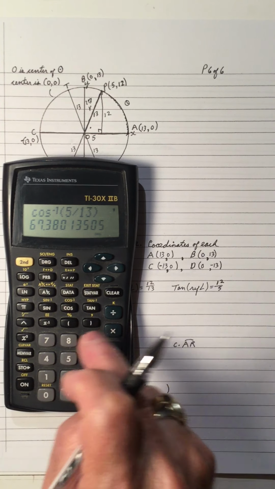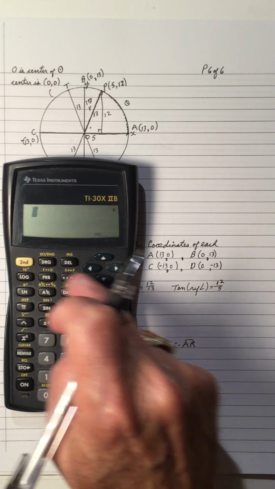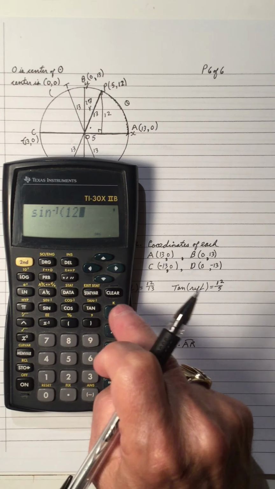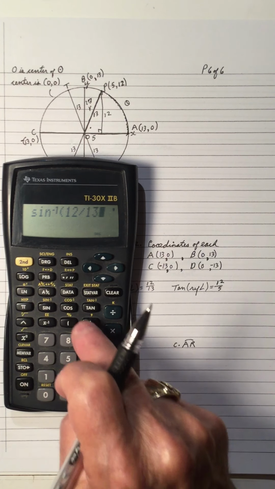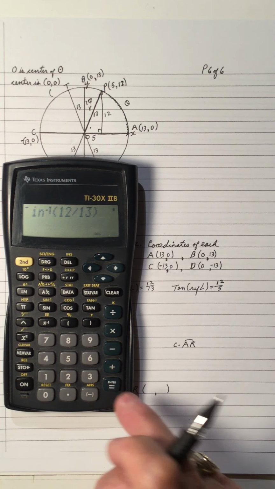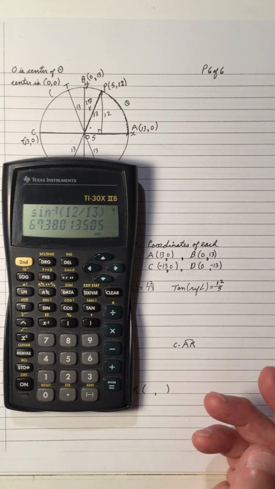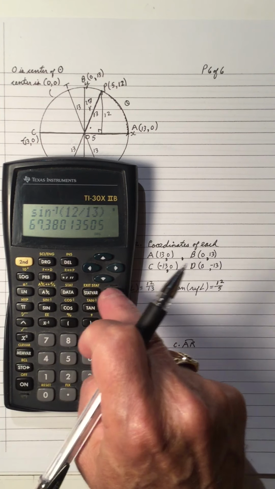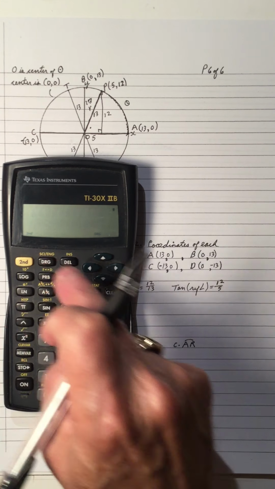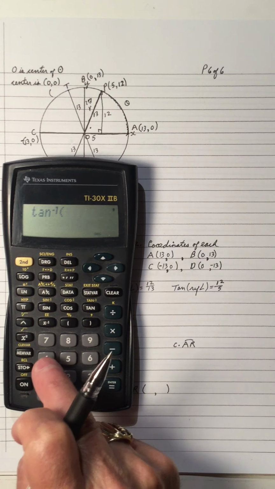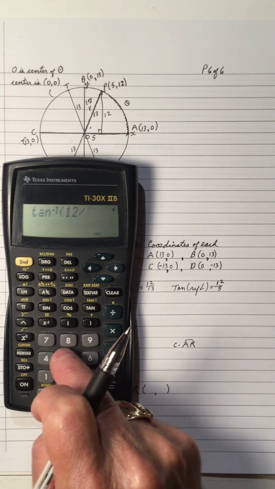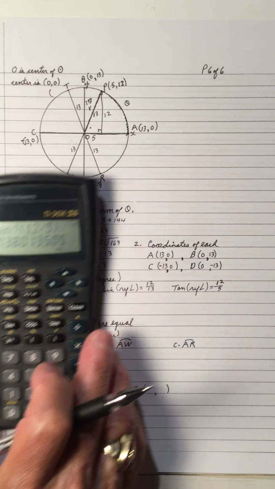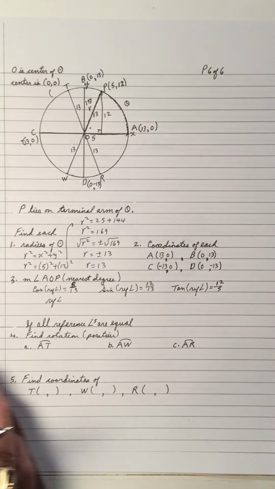So sine, clear, inverse sine of 12 division 13, and the same angle, 67 to the nearest degree. Or we can clear it and do inverse tan of 12 division 5, which gives you the same angle, 67.